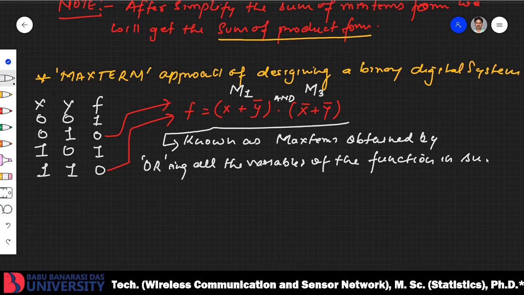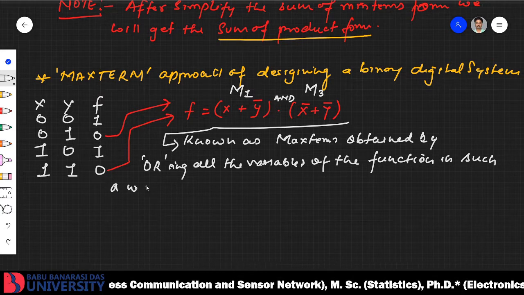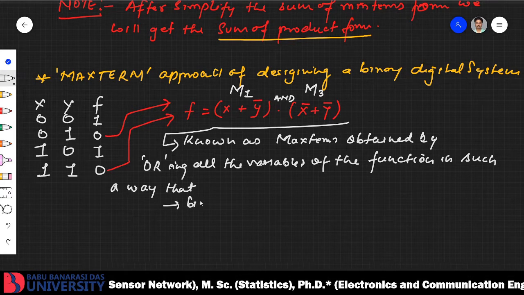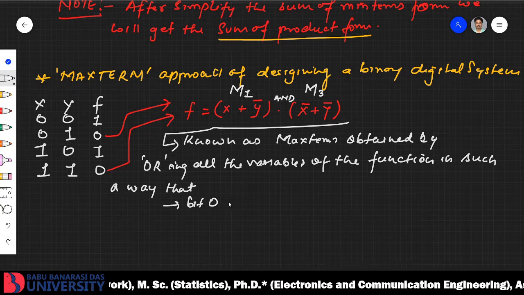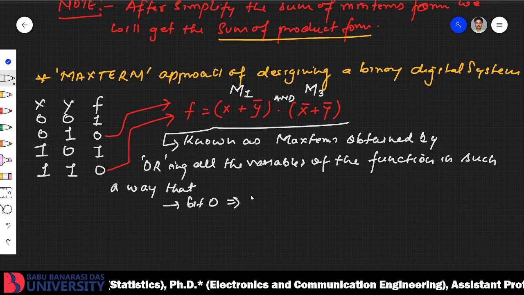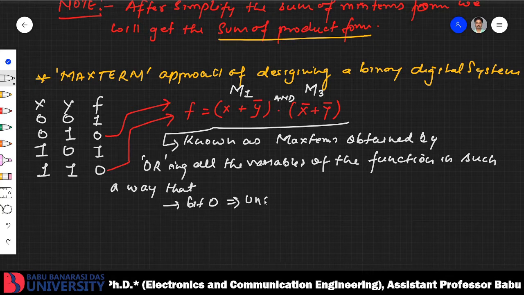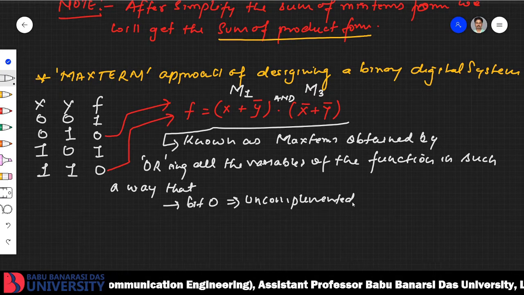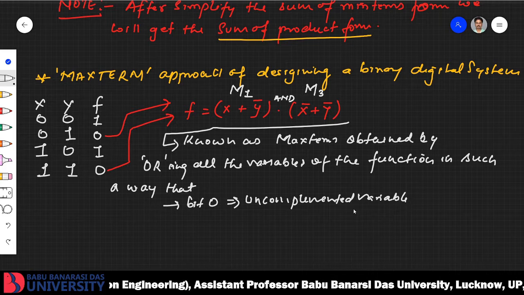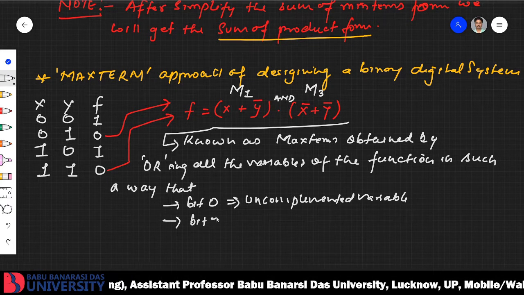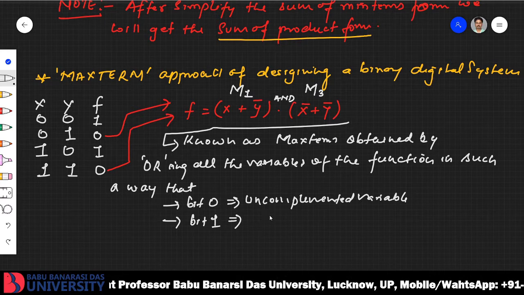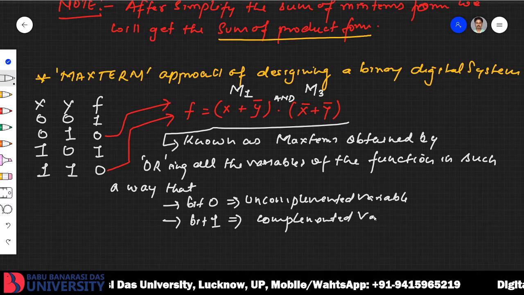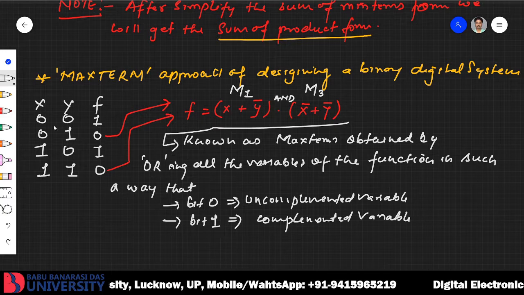in such a way that bit 0 represents the uncomplemented variable, while bit 1 represents the complemented variable.